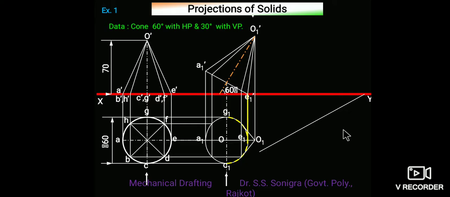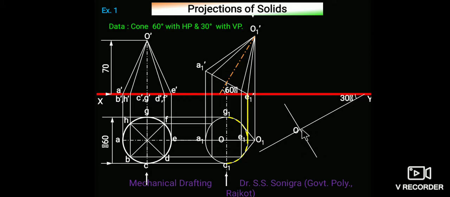Now the second step: it is given that the angle of axis with VP is 30 degree. This is a very typical case. Whenever it is given that the axis of the cone makes an angle of 30 degree with VP, or any angle with VP, first of all draw a line at an angle of 30 degree with XY line to the right side of this object.